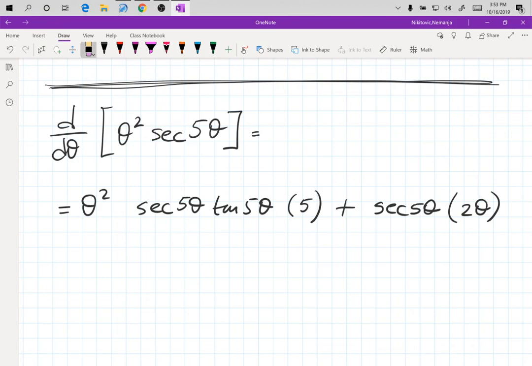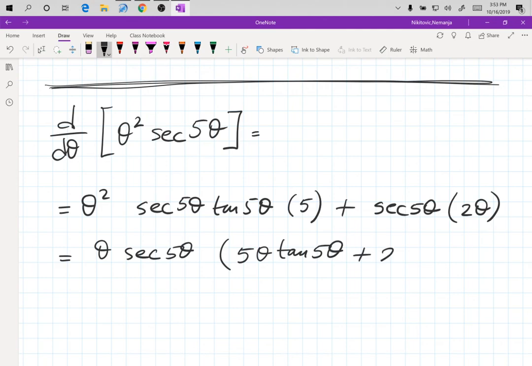We can kick out what? θ secant 5θ. And what's left inside is 5θ tangent 5θ plus 2. There we go.